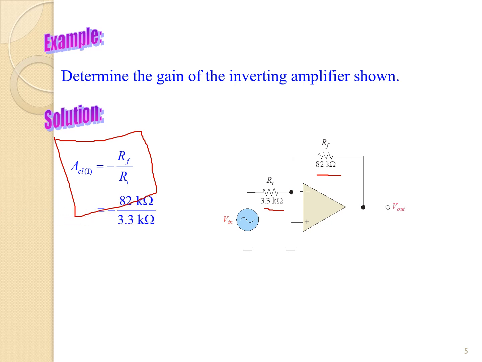Therefore, ACL inverting is equal to negative 82K over 3.3K, and ACL inverting is equal to negative 24.8. The minus sign indicates inversion of the gain.